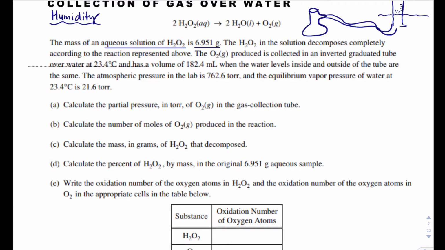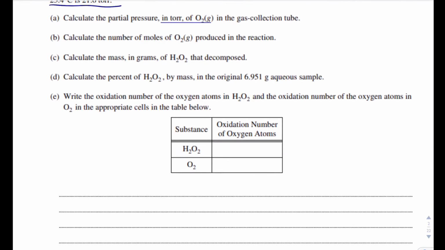The pressure in the lab is 762.6 torr, and the vapor pressure of water at 23.4 degrees Celsius is 21.6 torr. So what they ask in A is, what is the pressure of just oxygen? And they want it in torr. Well, if you remember this formula, the total pressure is equal to the pressure of the gas, and that gas for us is oxygen, plus the water vapor.